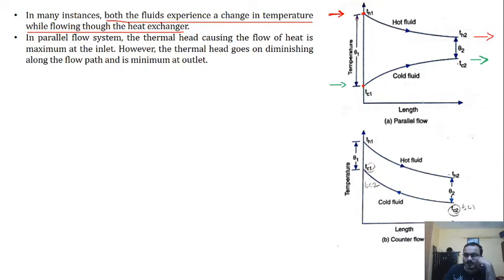So the thermal head, that is theta value, keeps on decreasing as it moves through this heat exchanger. So the same thing is shown over here, that in parallel flow system, the thermal head causing the heat flow is maximum at the inlet, that theta value is maximum at the inlet. However, the thermal head goes on diminishing along the flow path and is minimum at outlet.